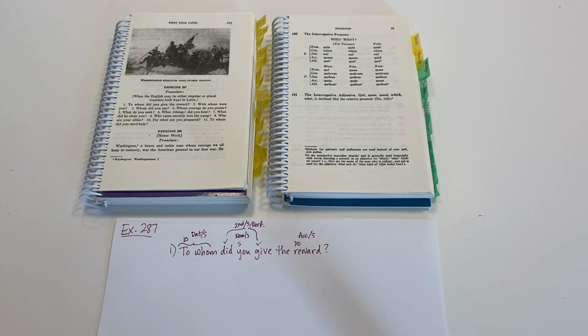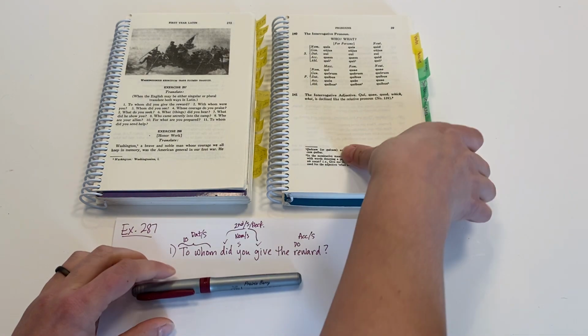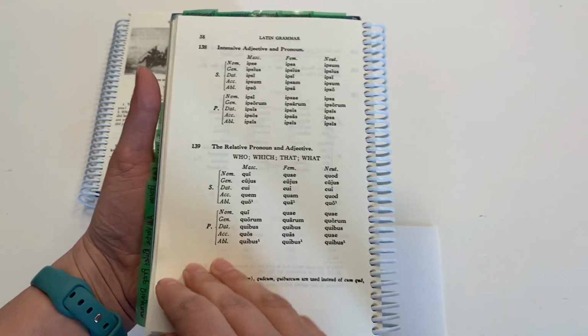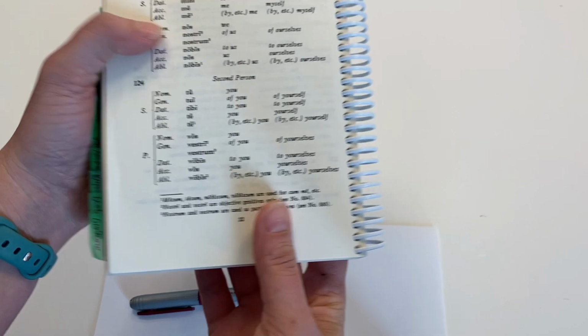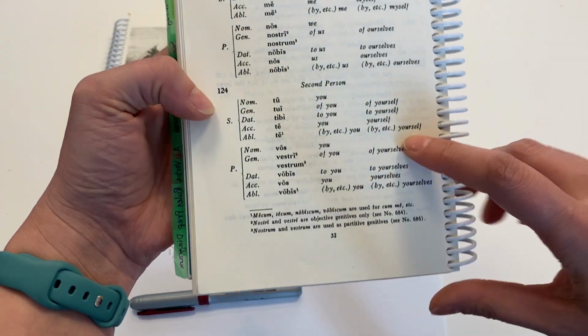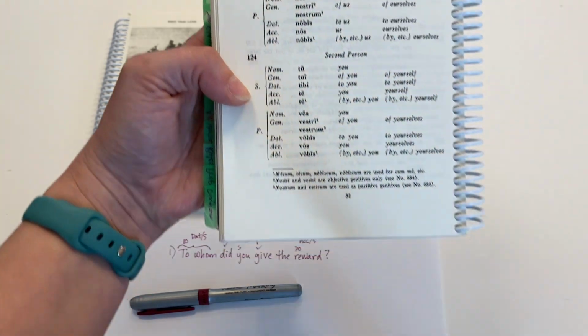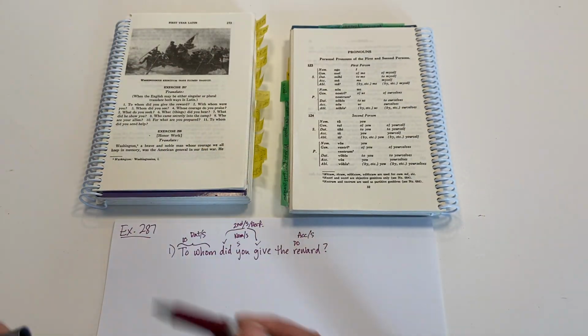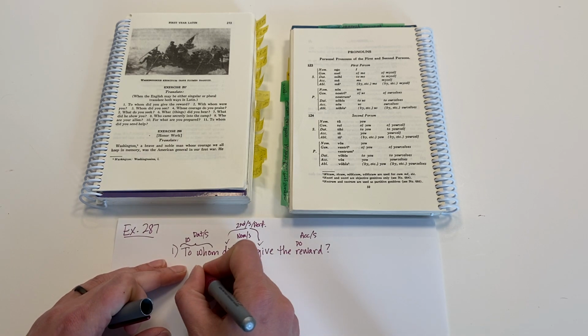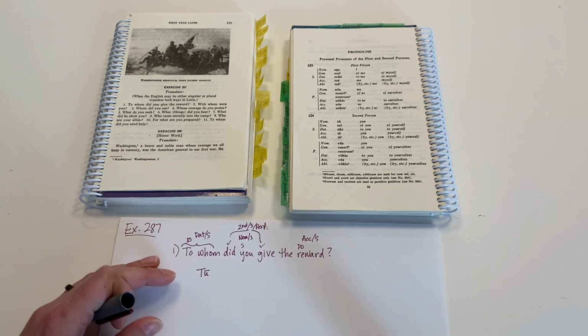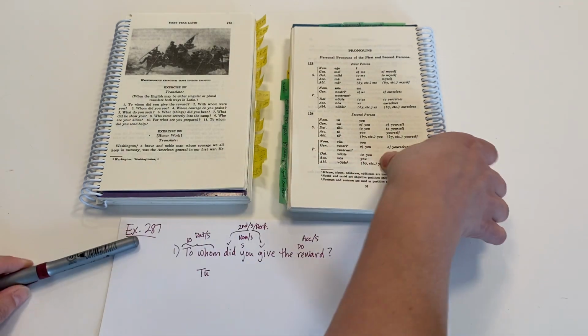Okay, so with all that in mind, let's think about our Latin words for these. We'll start with our subject. It's a pronoun, so I'm going to just look in our grammar book, back a few pages, for the second person pronouns. Nominative, singular, tu is you. And, okay, back to the interrogative pronoun page.